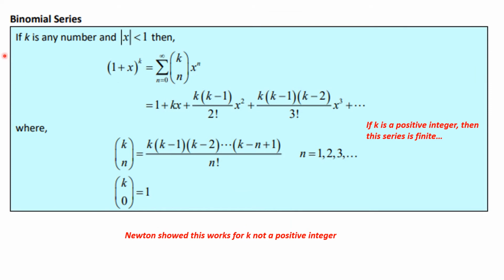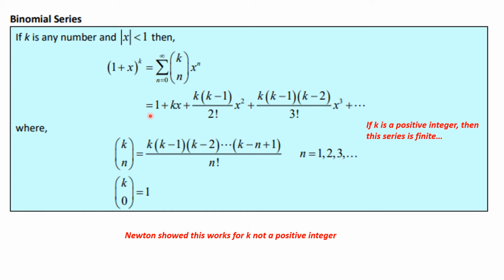This is a theorem that Newton proved. If k is any number, it doesn't have to be an integer, and if the absolute value of x is less than 1, then 1 plus x whole to the k is equal to the infinite sum from n equals 0 to infinity of k choose n times x to the n.